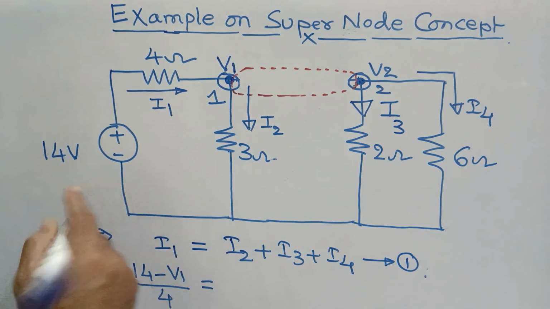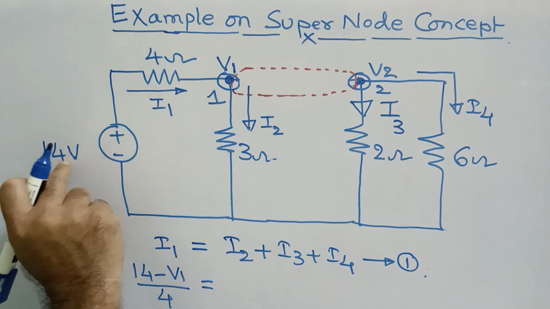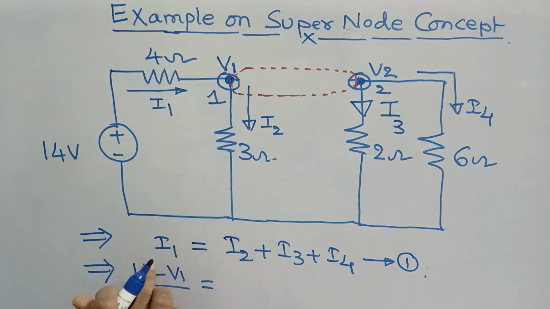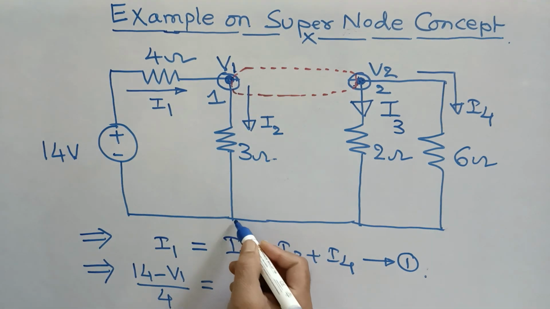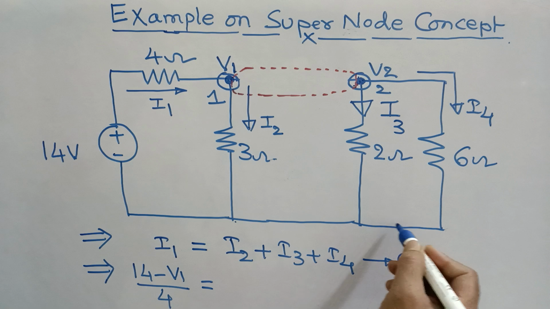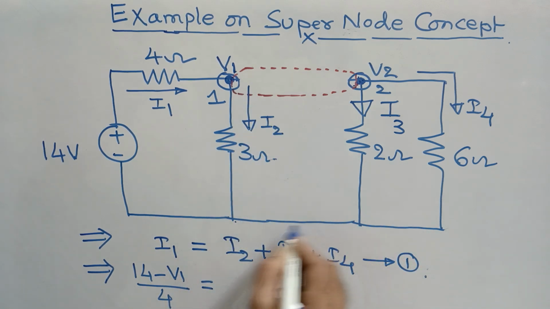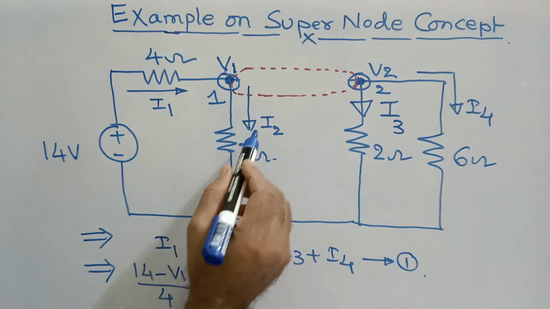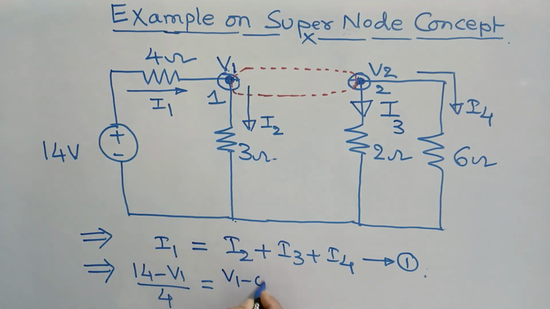I is nothing but V by R, where V is the difference voltage, 14 minus V1, by 4. That gives I1. Similarly I2: V1 minus 0, because this is the ground line, or 0 line, at 0 potential. Therefore your I2 is nothing but V1 minus 0 by 3.